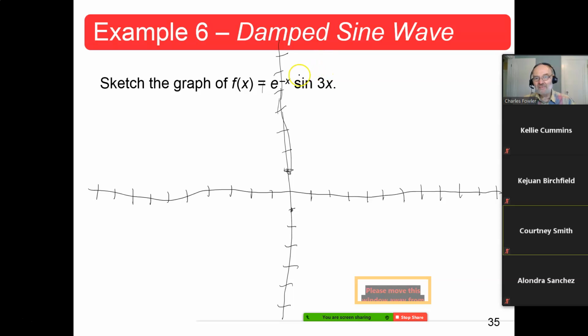Your A is variable amplitude, your B is 3, which means your period is 2 pi over 3. Divide that by 4 and you get the interval.